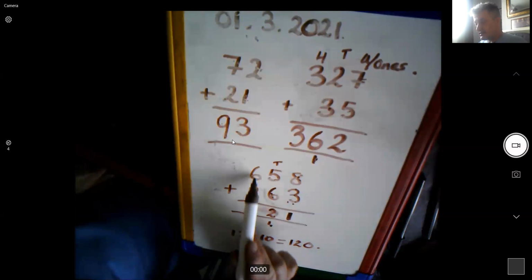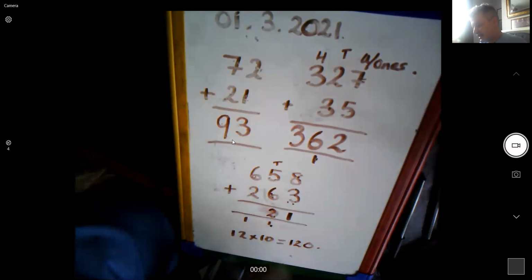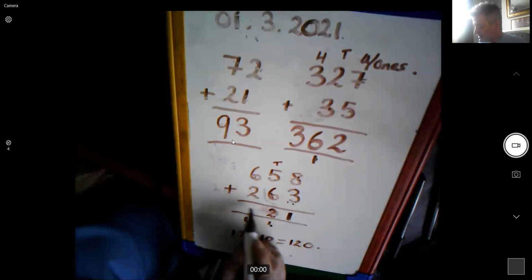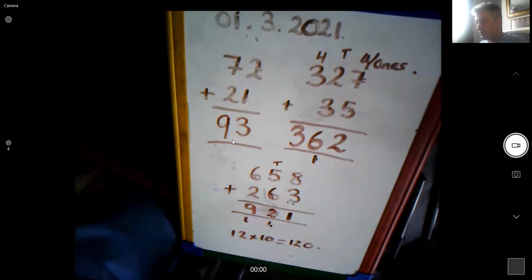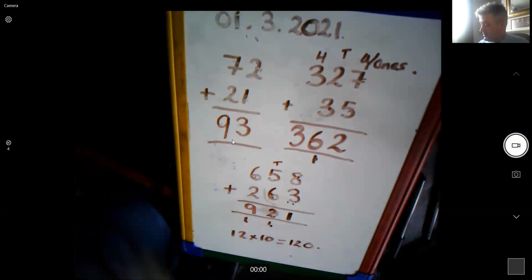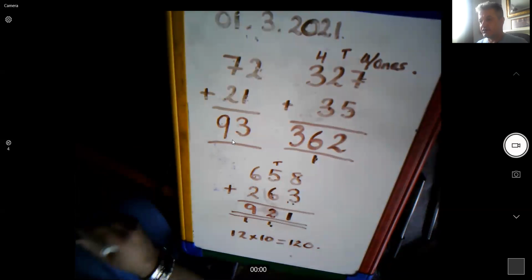I've got 6 100s, 2 100s. So what's 6 100s add 2 100s? 8 100s or 800. Then I need to add this other 100. So I end up with 921. Okay, so the answer to that would be 921.